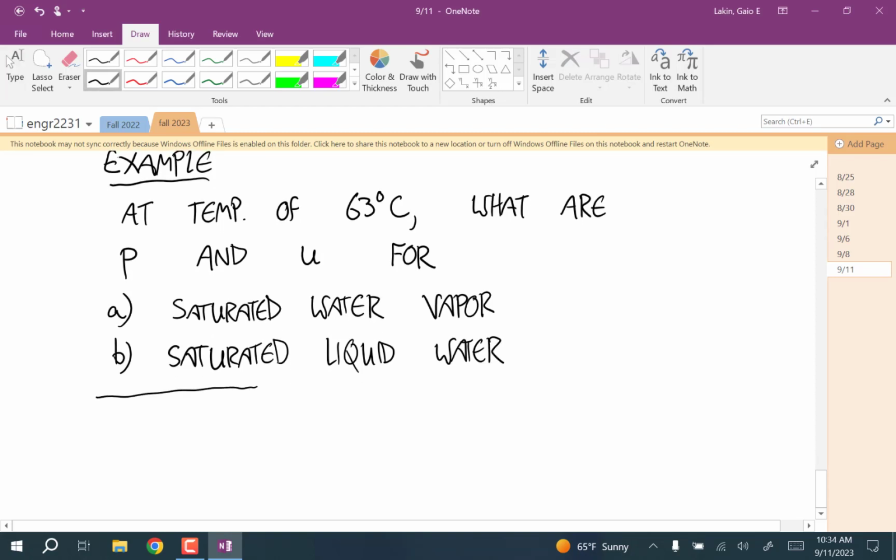Okay, so 63 degrees Celsius. The chances of that being in the table are low. But maybe we'll have 60 and 65 or something. Let's see, what do we have? 60 and 65. So let's go to the table and find this stuff.